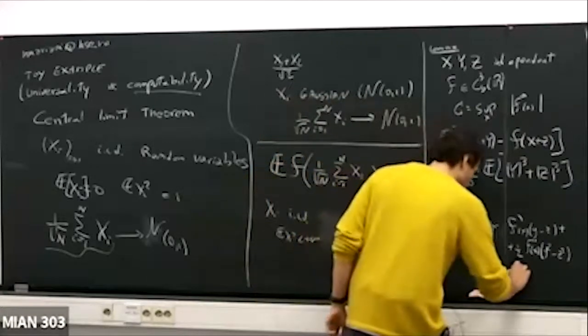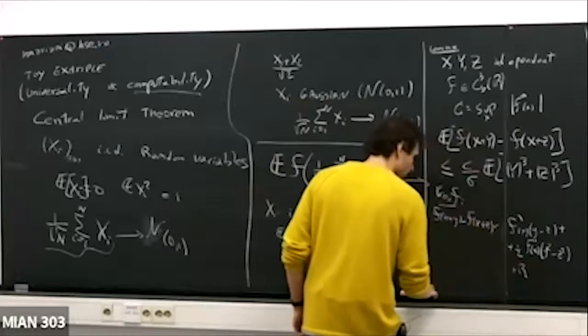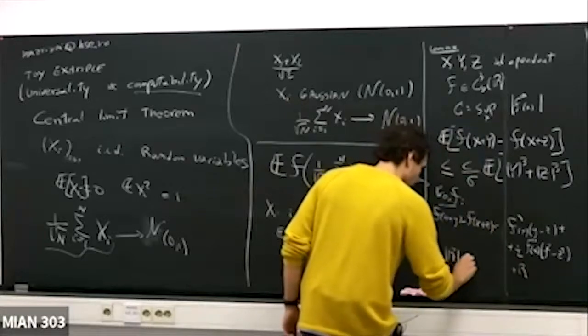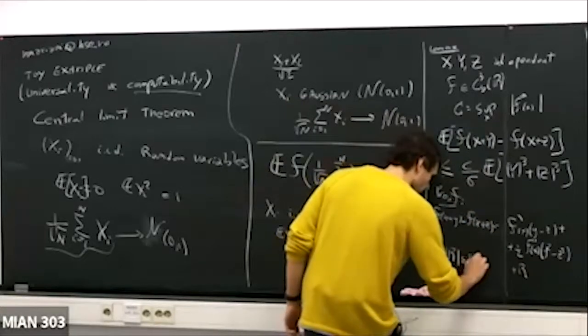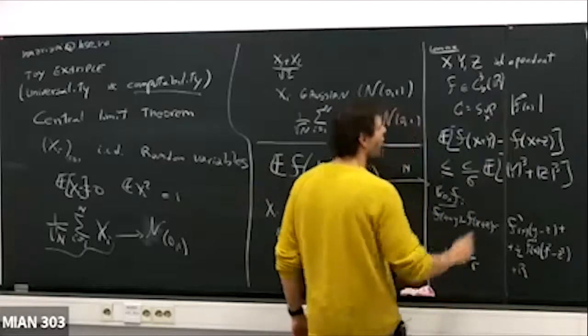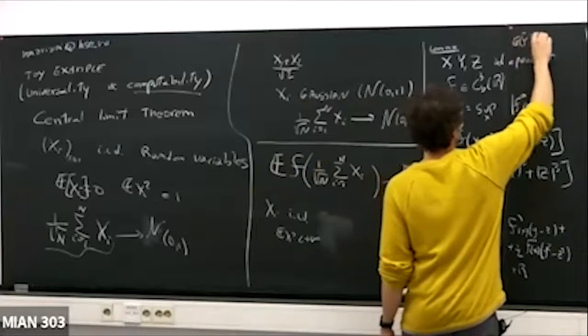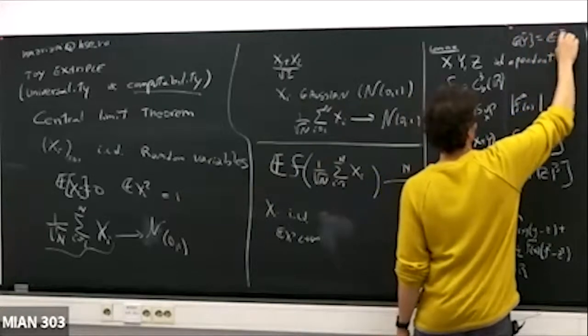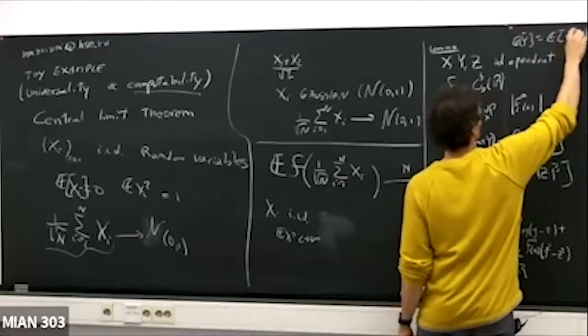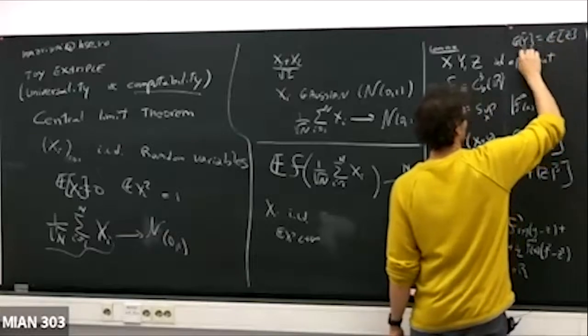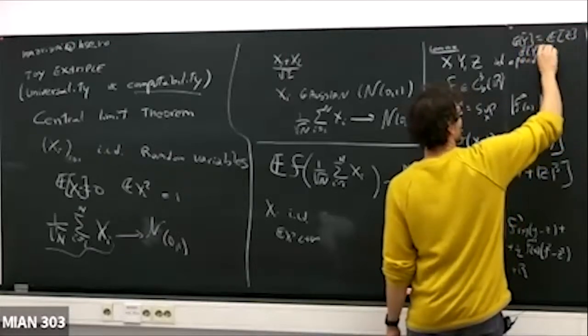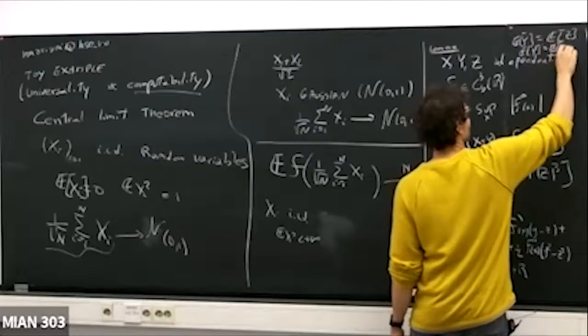And then there is a remainder, but the remainder is bounded by the constant over 6. Oh, sorry. So here I will need that the expected value of y is equal to the expected value of z, and the same for the squares. Otherwise it will not work.